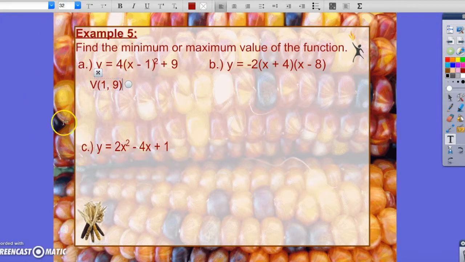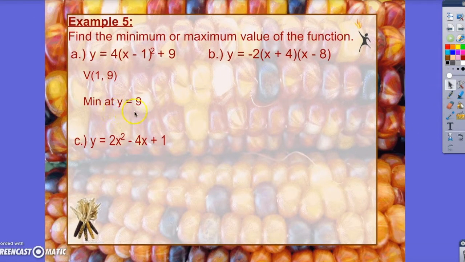If it opens up, it's going to be a minimum, because the vertex will be the lowest point. So we write min at y equals 9. Your max or min is based off what the y of the vertex is. And it's a min because 4 is positive, so it opens up.